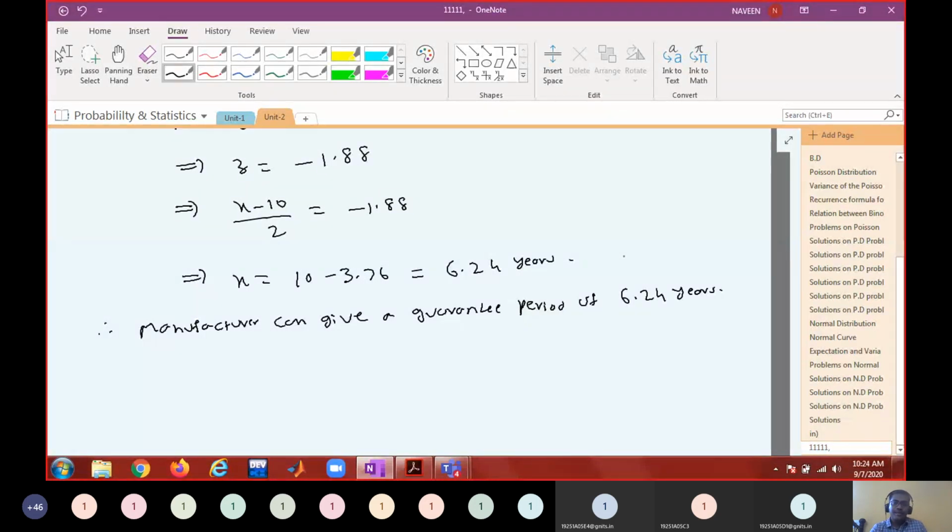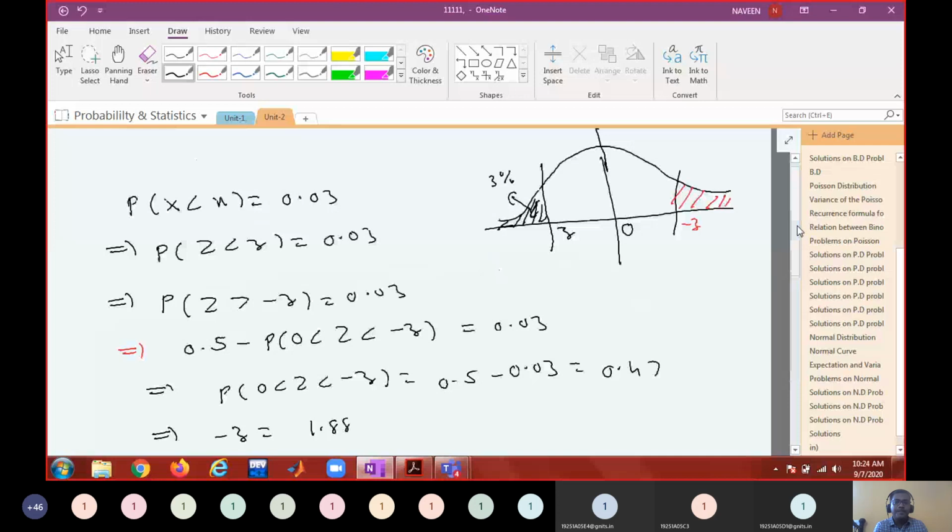Okay, so I think this is a very good problem to understand these concepts. All of you understood this problem? Some people always assume that z is positive. When z is positive, how should I write here?